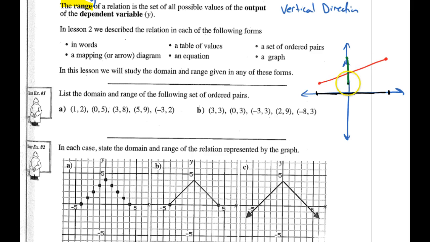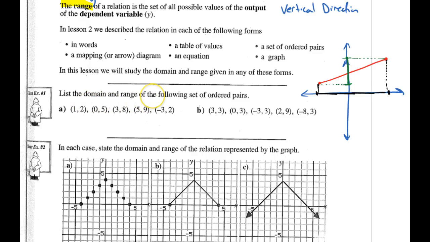Well, all the possible y values start here and end over here. And that corresponds to really the top limit of your range, and this corresponds to the bottom limit of your range. Likewise, for the domain, this corresponds to the far left boundary, and this corresponds to the far right boundary of your domain.